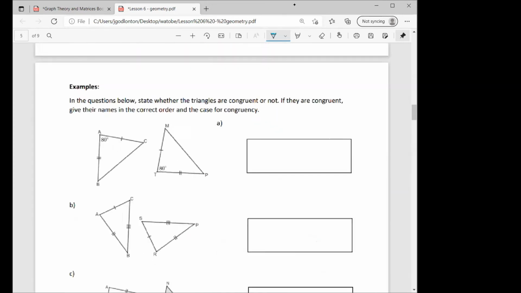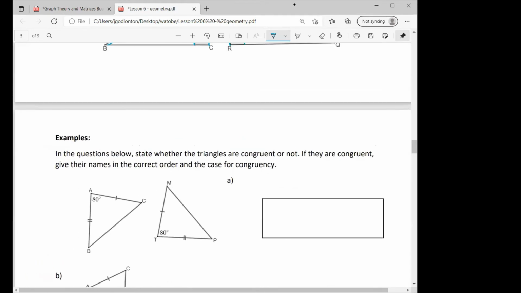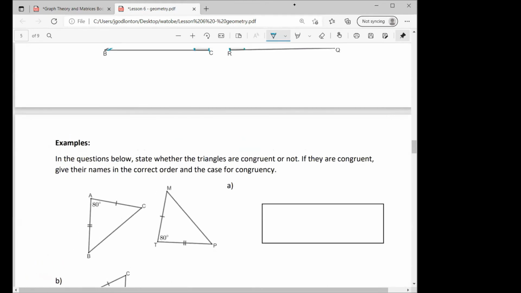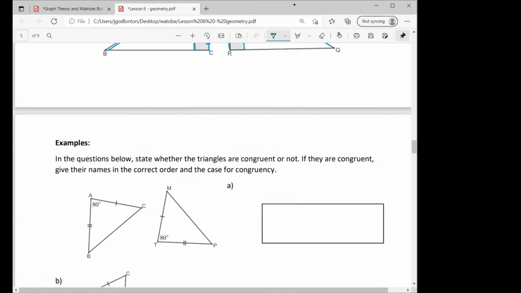Okay, so let's look at our first example over here. This one, we don't need to do a proof just yet. I want you to be able to write the congruent triangles and tell me which reason to use. I'm just going to write our reasons up here at the top to help you for the beginning. We have SAS, we have SSS, we have SAA, like the airlines, and then we've got RHS.